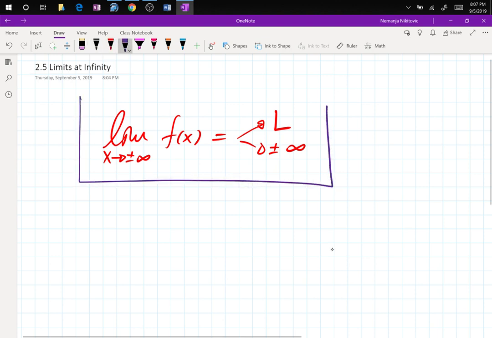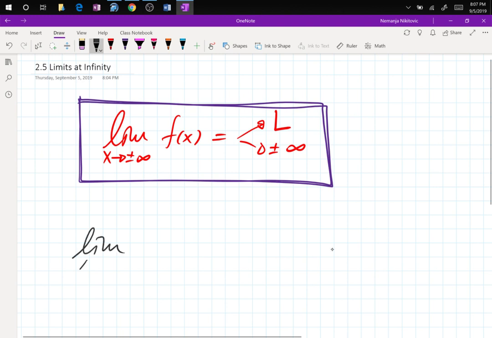So we are looking for limits at infinity, and two different concepts you learned in pre-calculus 1 would fit within this definition. Before we do the application, let's take a look at some basic examples. We can start talking about the limit as x goes to infinity for 1 over x.